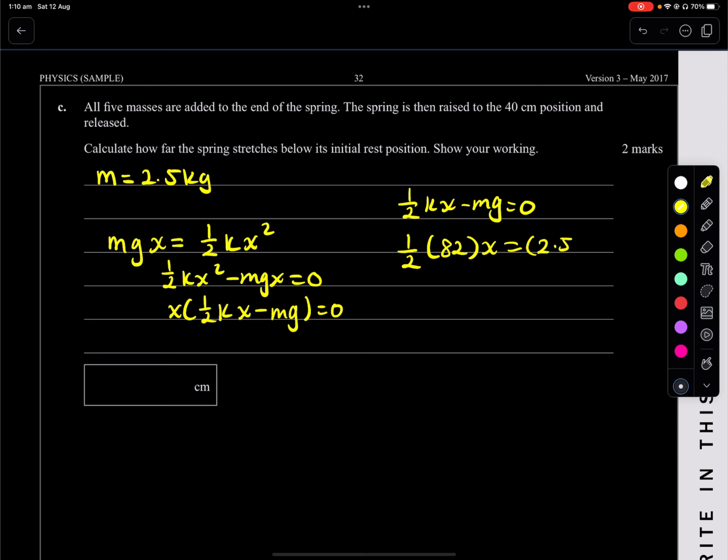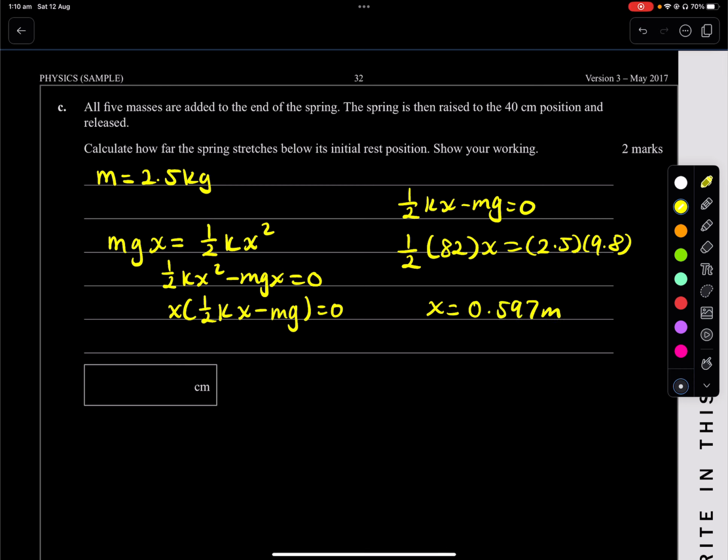So your x value is 2.5 times 9.8 divided by 41, which is 0.597. So how far the spring has changed is 0.597 meters.